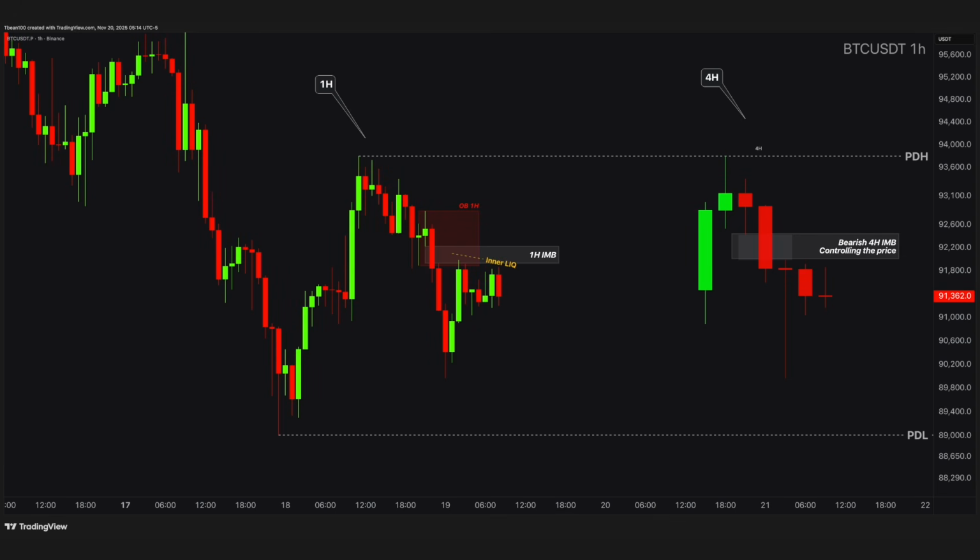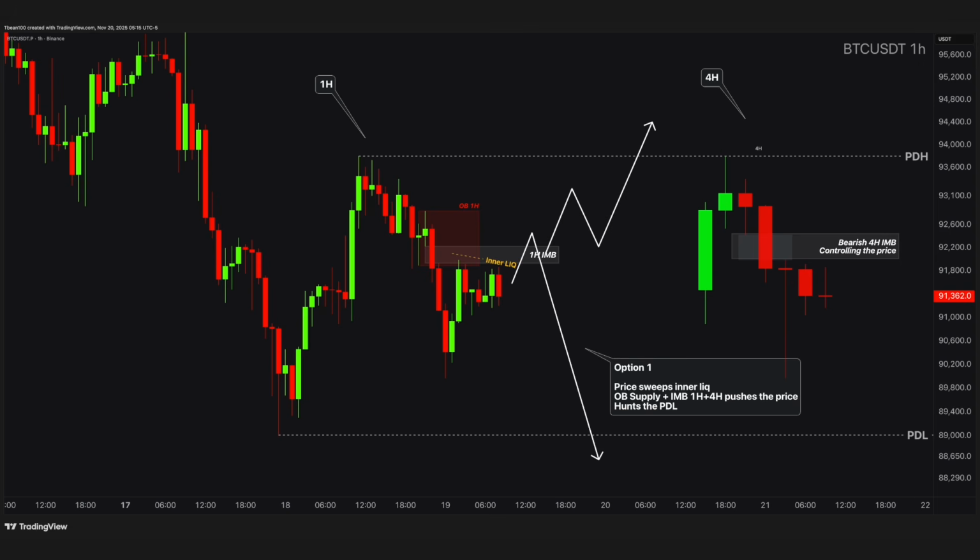Price also forms this inner liquidity level. So naturally, I'm expecting the price to hunt that inner liquidity, tap into the multi-imbalance area with the order block, and drop into the previous day's low. This is option 1, and honestly, the most natural and likely move we could get.